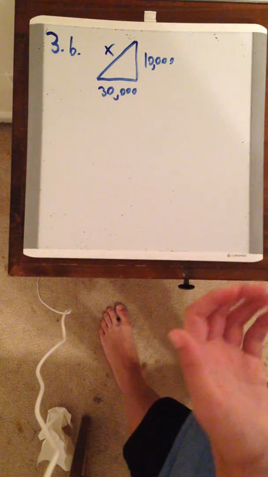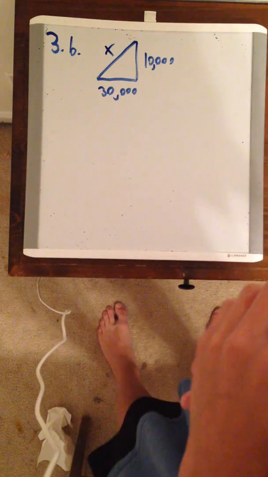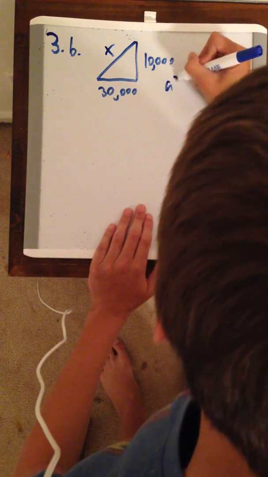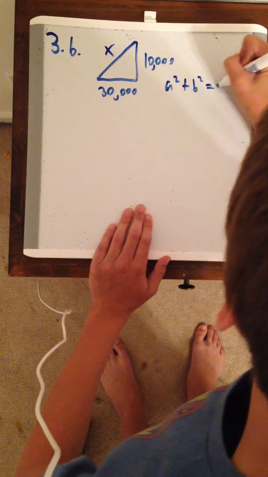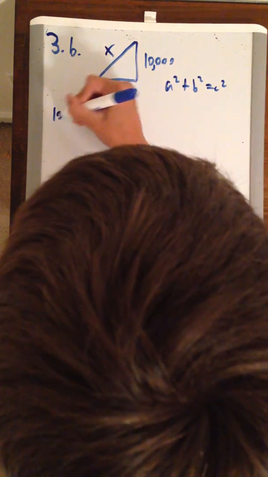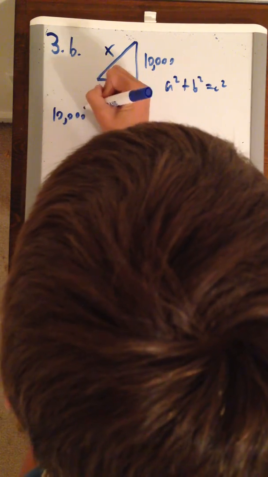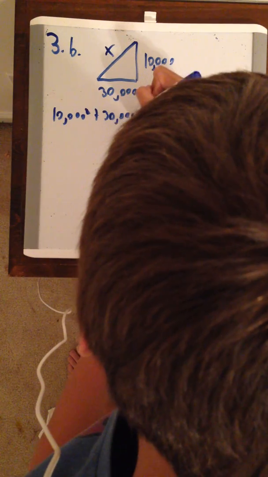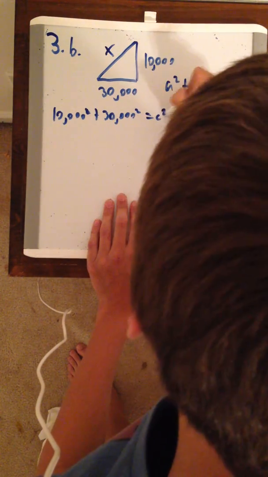Instead of using trig functions, we can just use the Pythagorean theorem for this. So we can do a squared plus b squared equals c squared, which is the 2 legs squared equals the hypotenuse squared. So we'll do 10,000 squared plus 30,000 squared equals c squared.